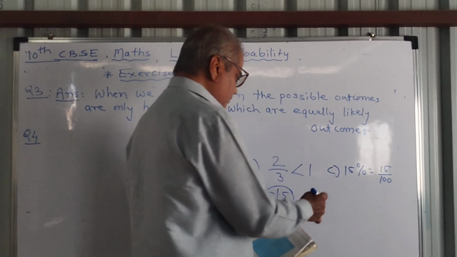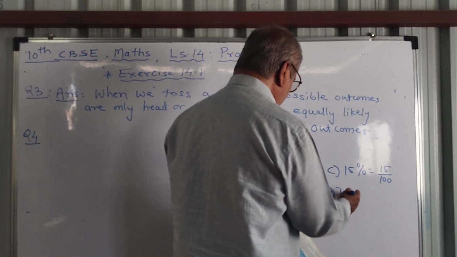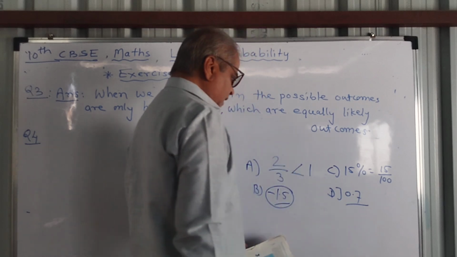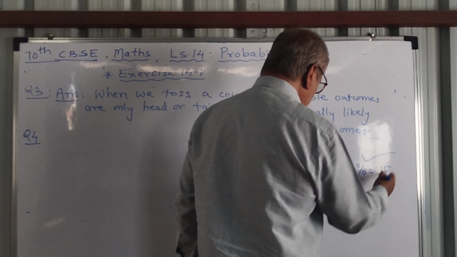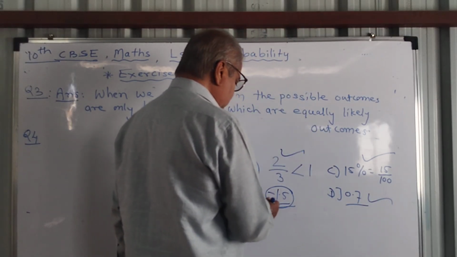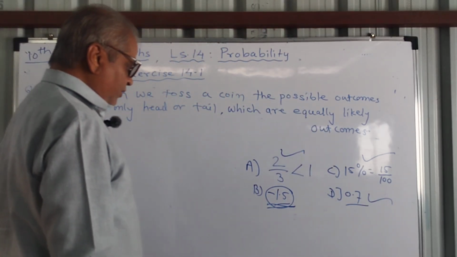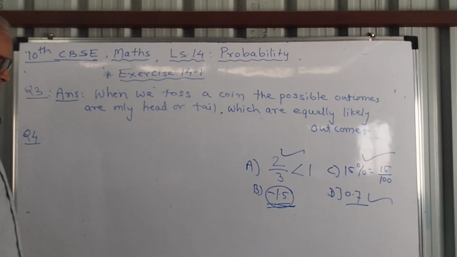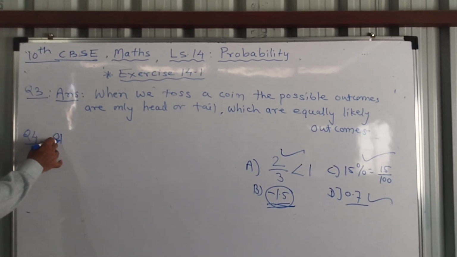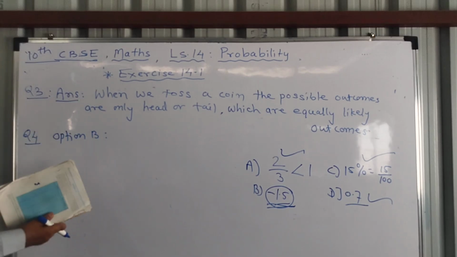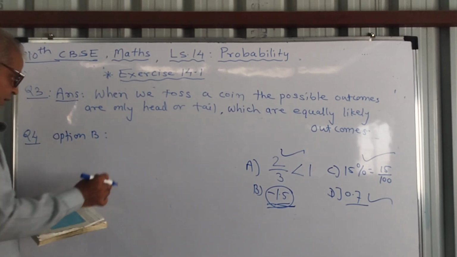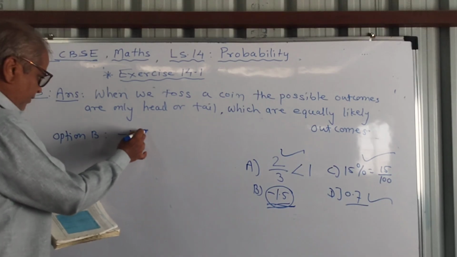And D is 0.7. So it is again less than 1. So this probability is also possible. So minus 1.5 is not possible, and we have asked which of the following is not a possible probability. So that's why the answer is option B, minus 1.5.